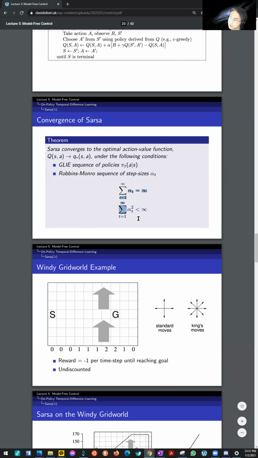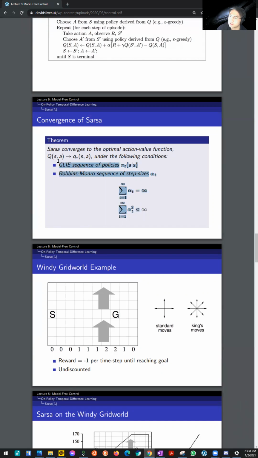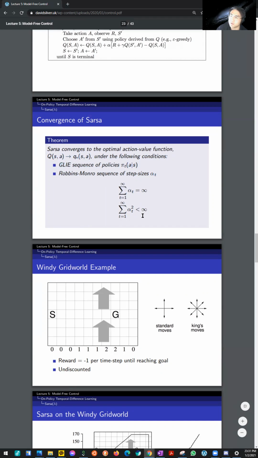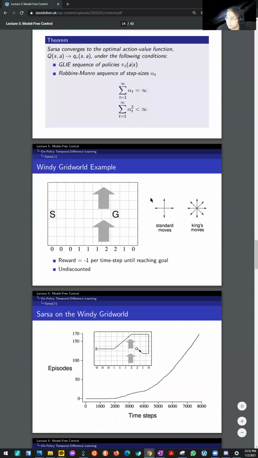And the second condition here means that, however, as time advances, as you can see in this summation, the rate of change of that Q value should be decreasing, which means that it should converge. Theoretically, these two should be satisfied to guarantee convergence. But in practice, in implementation, it's not really something to worry about.